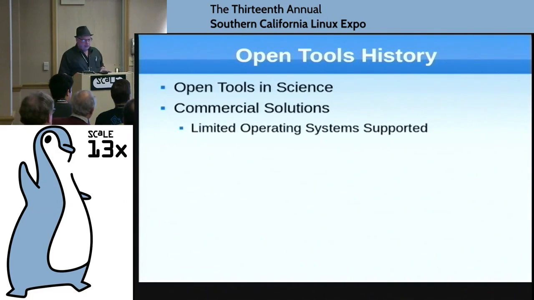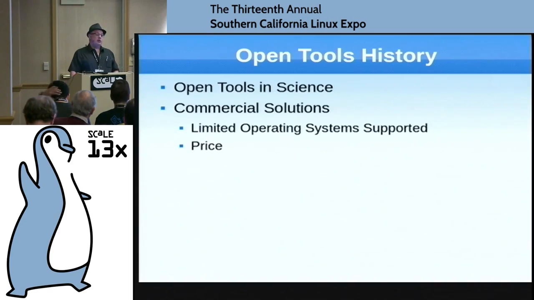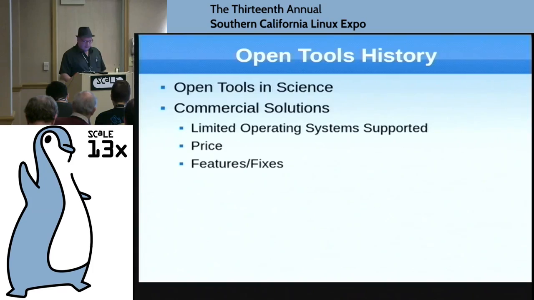These all have some limitations. For instance, a lot of them only support a single operating system, which is a big, big minus, especially if you're using Linux and open source. The other is price. Most of these are extremely out of the budget for most makers and hobbyists. So these are out of the question price-wise.